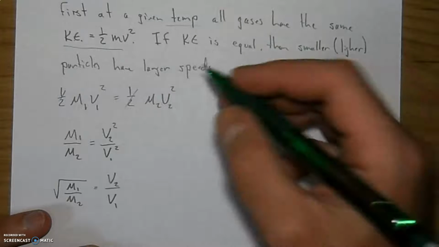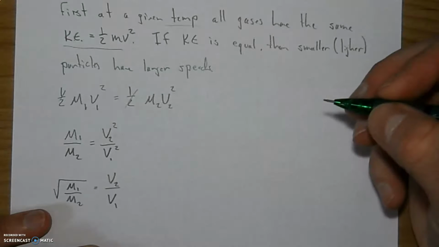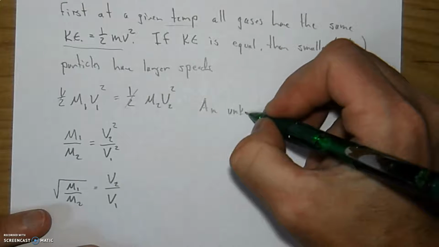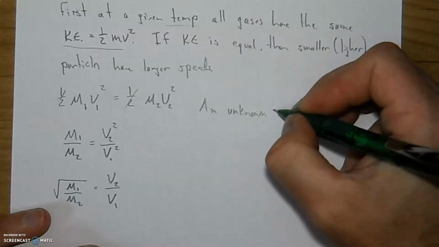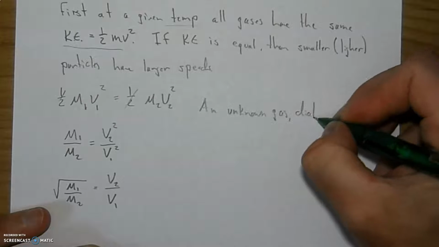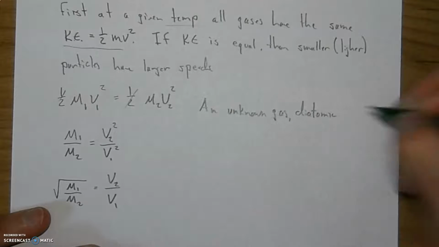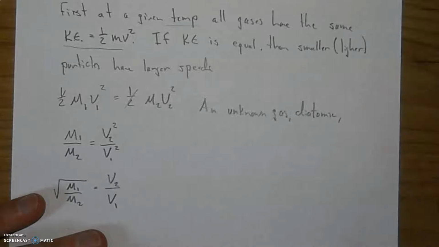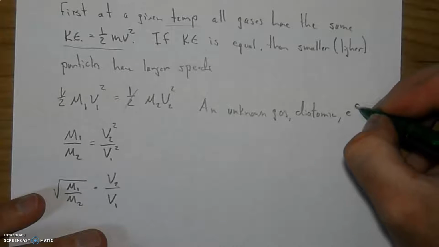Okay, let's do a little example problem. An unknown gas. It happens to be diatomic, so pay attention to that. Remember, there's 7 of those, the Hofbrinkels, so just keep track of that. So an unknown diatomic gas effuses.